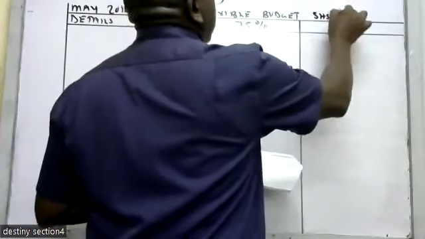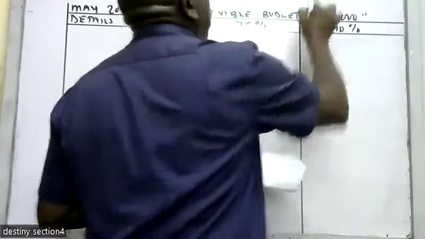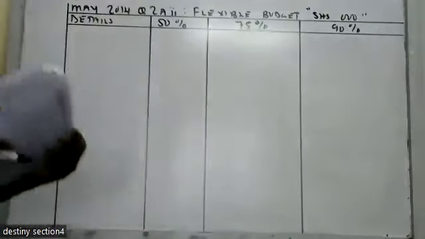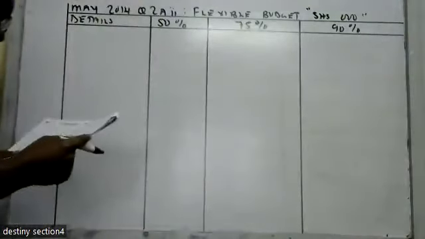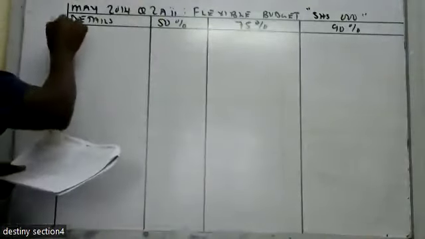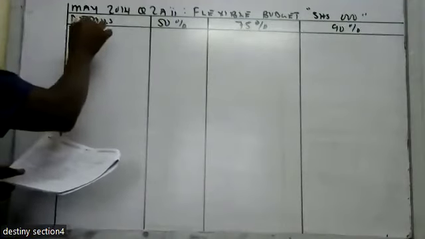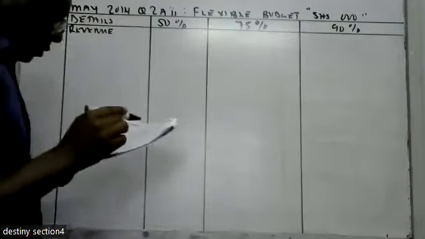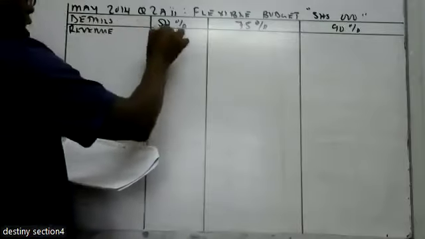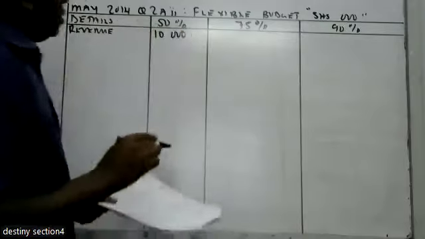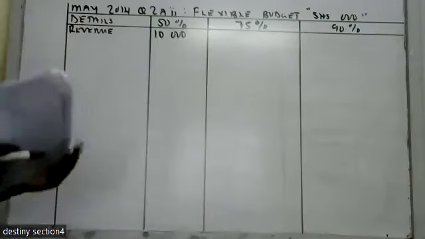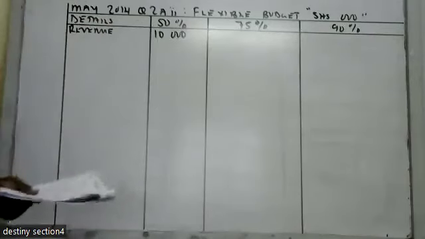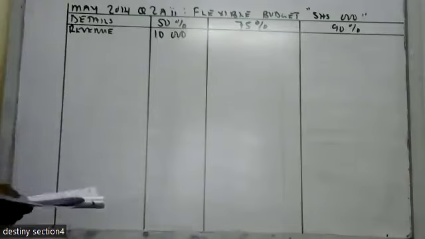So we start with the revenue. Revenue is 10,000 here, but make it 75%.